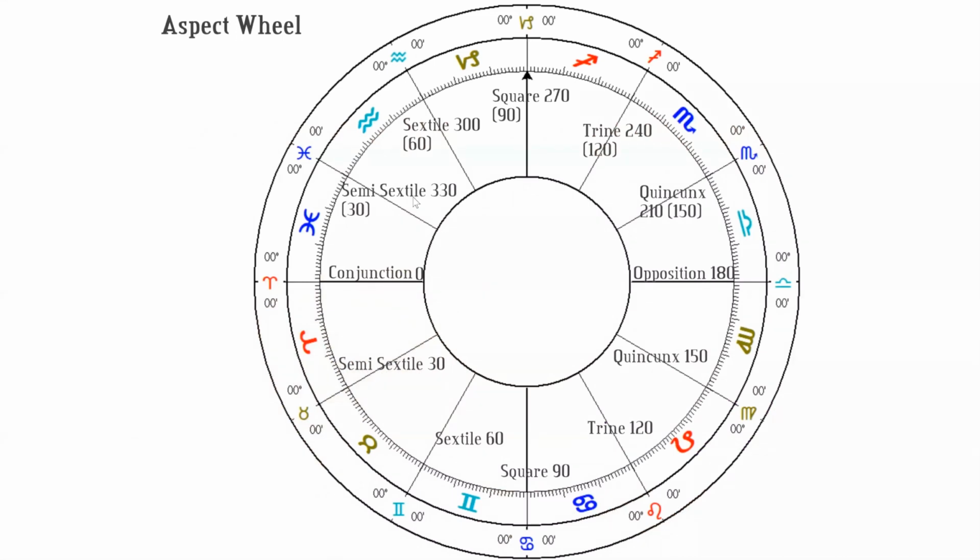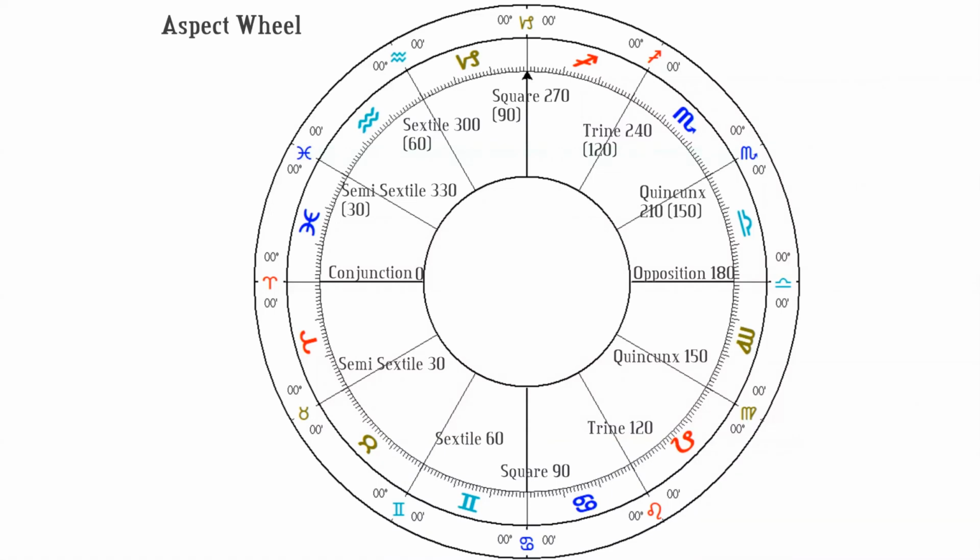This is the natural wheel of the zodiac starting at 0 Aries. And we see the main aspects with that wheel. So the conjunction is 0 degrees from the Aries point, the semi-sextile 30 degrees from that Aries point, below and above the horizon.